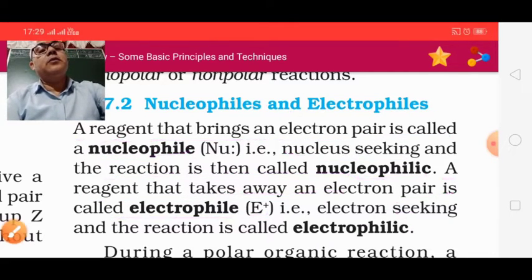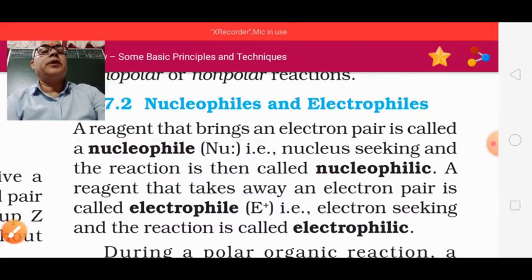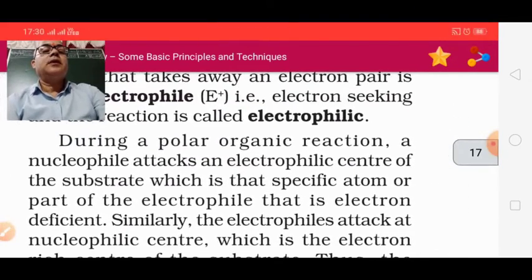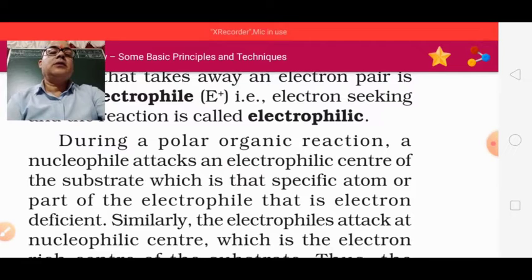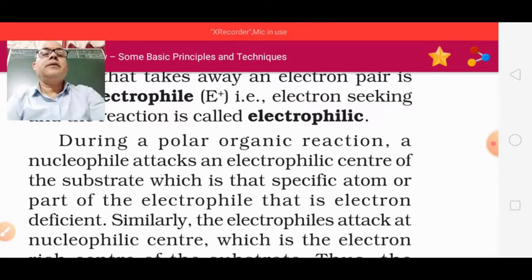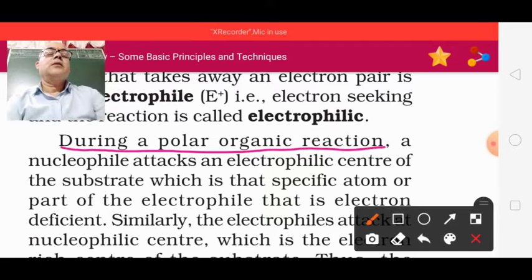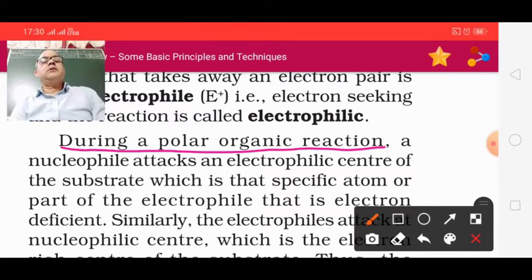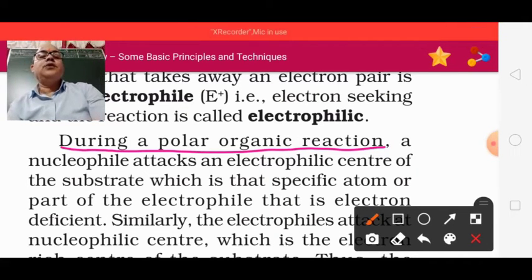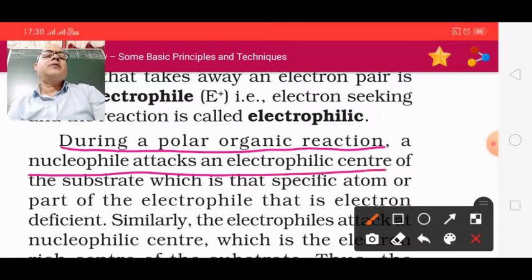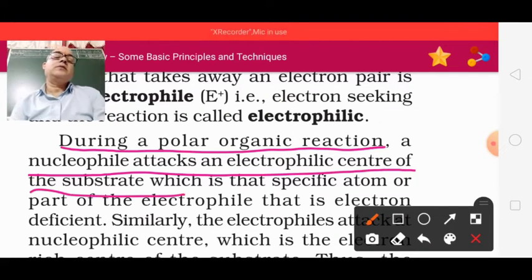Now you can note this point. During a polar organic reaction, a nucleophile attacks an electrophilic center of the substrate, that is, a specific atom or part of the molecule that is electron deficient. Whenever a reaction is polar, a nucleophile attacks the electrophilic center of the substrate molecule.